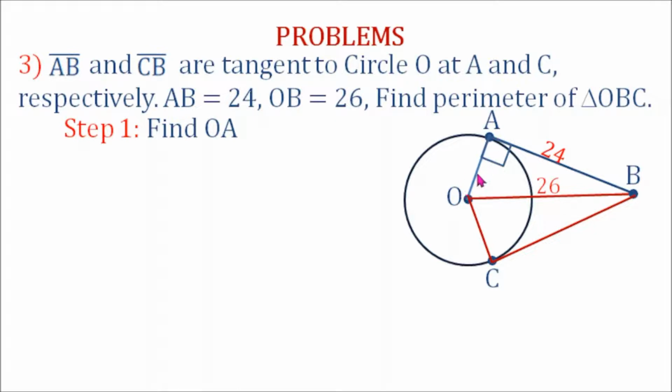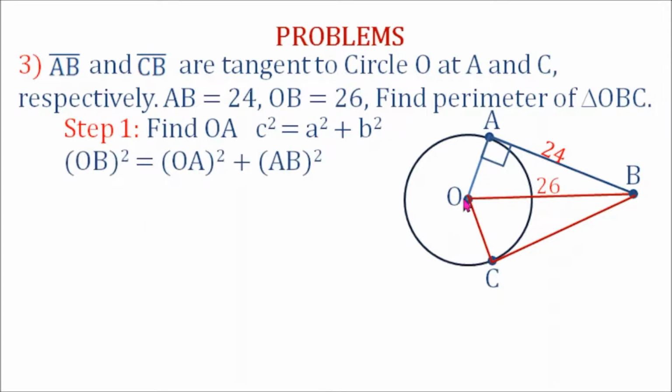And to find line segment OA, we will use Pythagorean theorem. C squared equals A squared plus B squared. Our hypotenuse here is OB, and then we can assign OA as our side A and AB as our side B. So we have side OB squared equals side OA squared plus side AB squared.